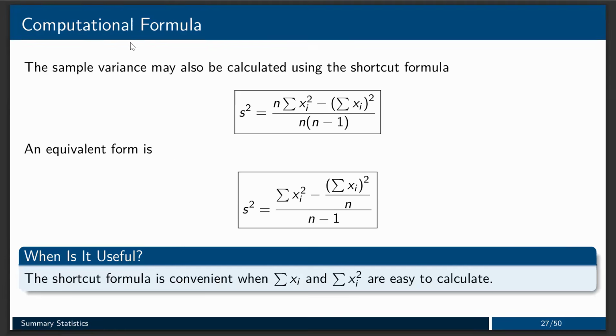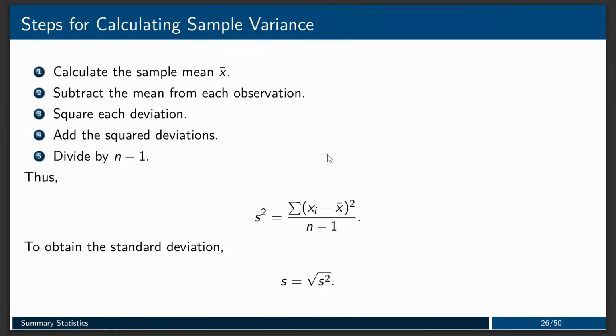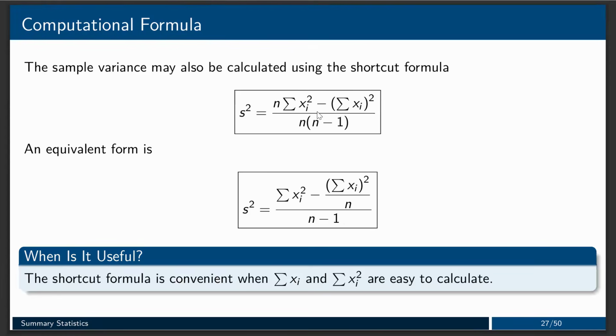Now, there's also a more computationally friendly formula. The formula we saw can be broken down into this: s squared equals n times the summation of xi squared minus the summation of xi all squared, all over n times n minus 1.